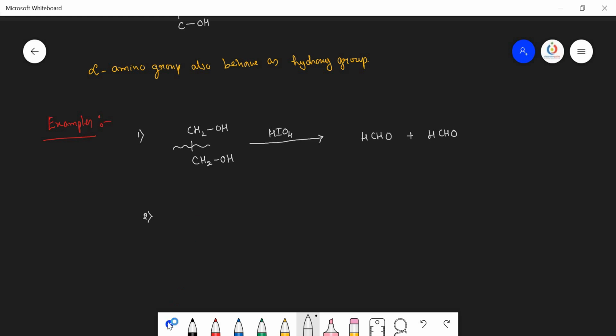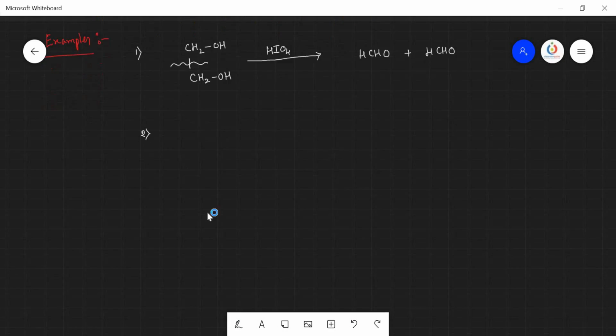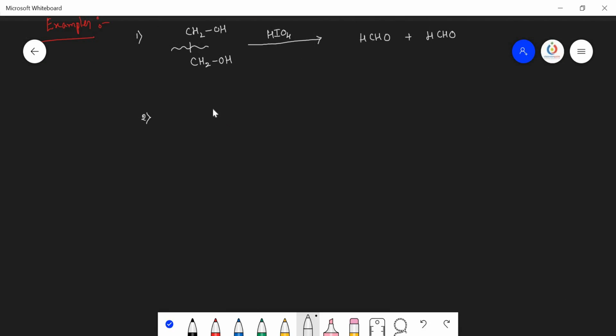Now let us see another example. CH3, CH3, OH, OH, CH3. Here I placed a hydrogen. Now use NaIO4; any of the reagents can be used. What is the basic property of these reagents?